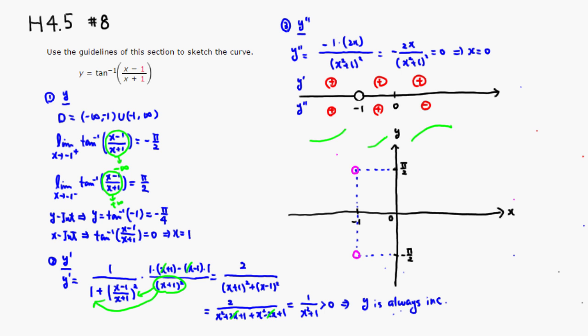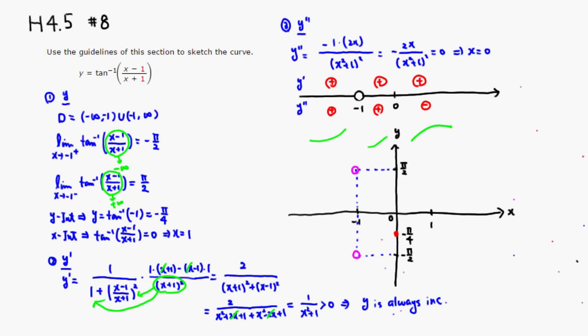Then we're going to look at the shape. The y-intercept is negative pi over 4, so you have to go through here. So that's negative pi over 4. And then the x-intercept is positive 1, which is probably around here. Alright, so let's try to sketch a picture here.